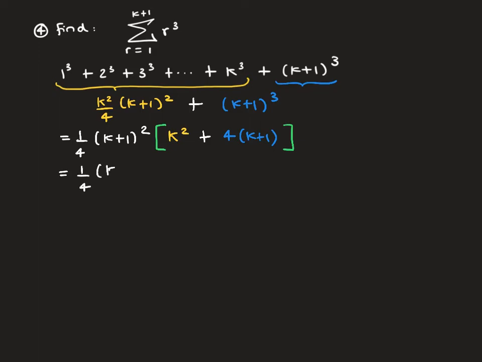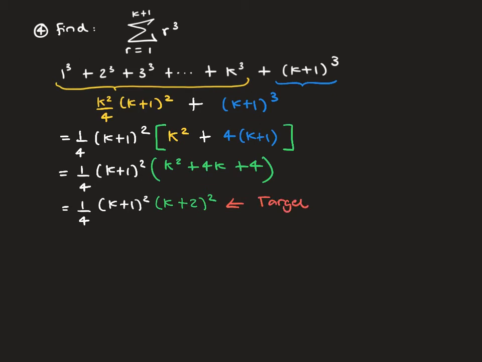We've got a quarter, k plus 1 squared, and then in the green bracket, k squared plus 4k plus 4. Now, this simplifies to a quarter, k plus 1 squared, k plus 2 squared, and hopefully you've spotted that this is the target expression which we were aiming for.